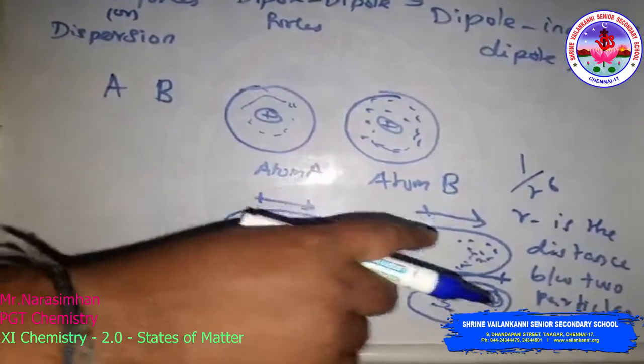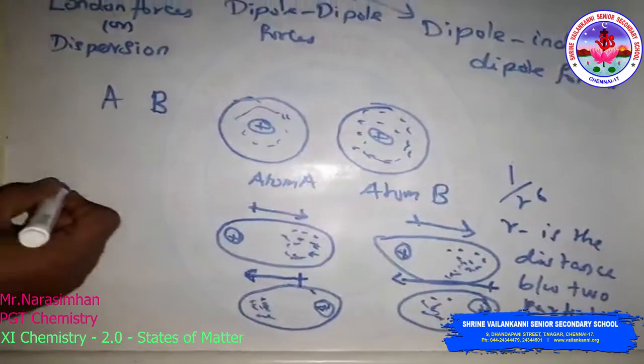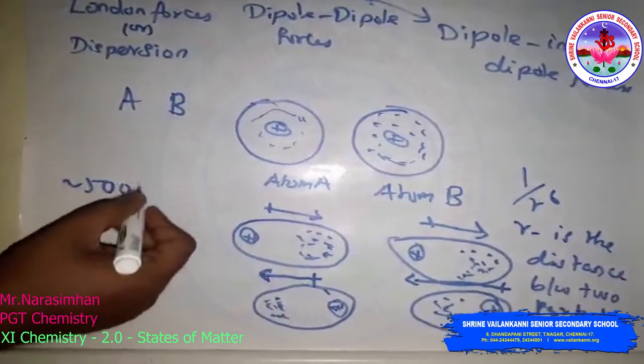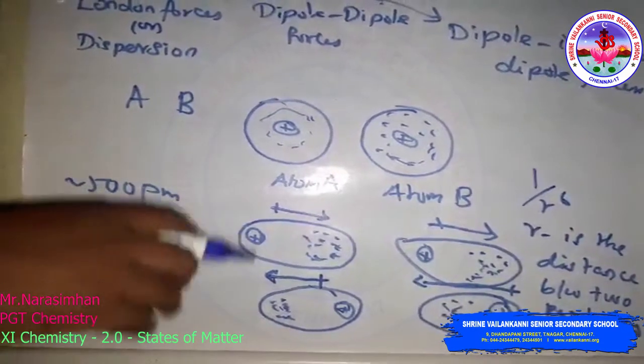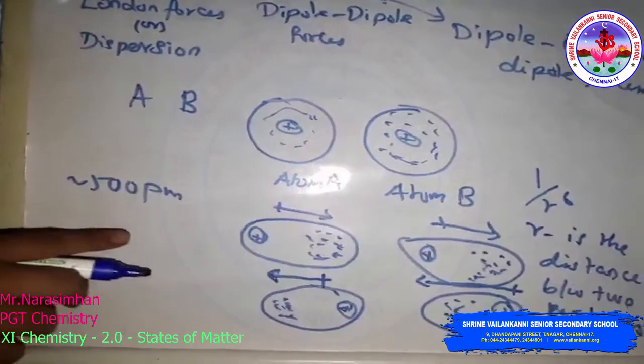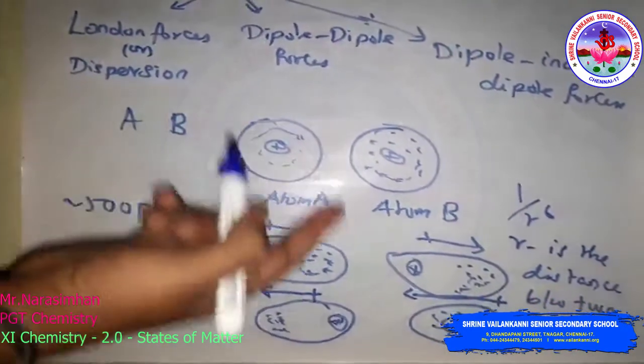These forces are important only at short distances, up to about 500 picometers, and their magnitude depends on the polarizability of the particles. So this is called London forces or dispersion forces.